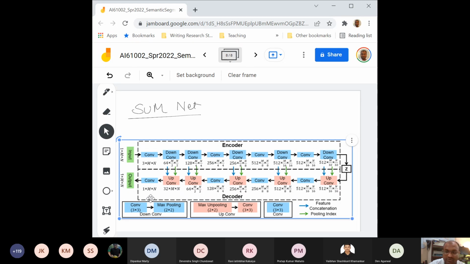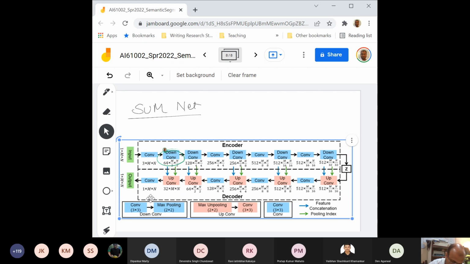Interestingly, it merges two of the most popular things which you have in both UNet and SegNet. One of them is feature concatenation, which is a property which comes down from UNet. So across these matched depth locations, you will always have a concatenation happening. So you do your first convolution, then the second convolution.